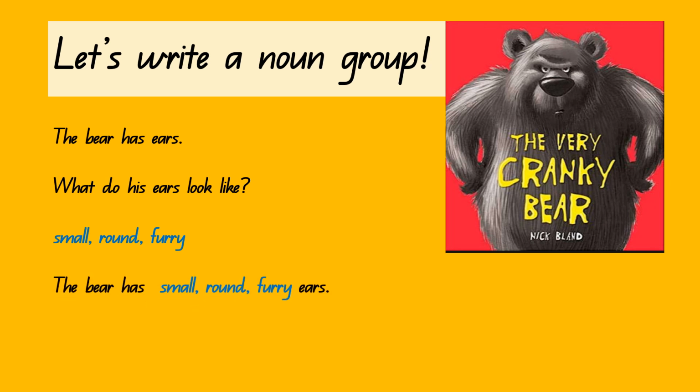So now when I add my adjectives to my sentence, it makes it more interesting. Now my sentence says, the bear has small, round, furry ears. That helps me to make a better picture in my mind of what his ears look like. I could even draw a picture of his small, round, furry ears.